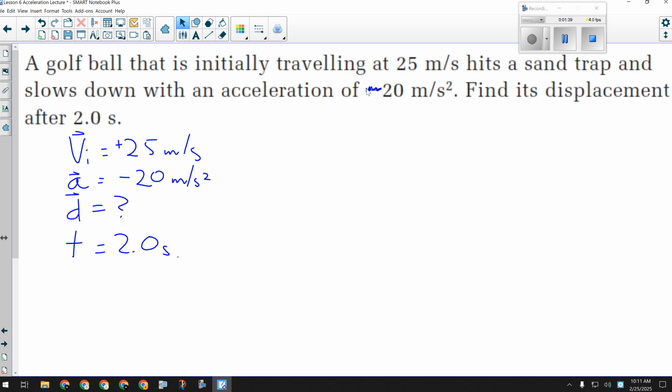With those givens, which of the formulas from yesterday would I use? Which formula would fit best if I've got VI, A, and T, and I'm looking for D? You might need to look at your formula sheet.